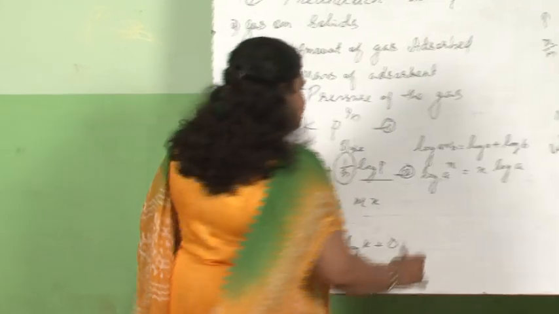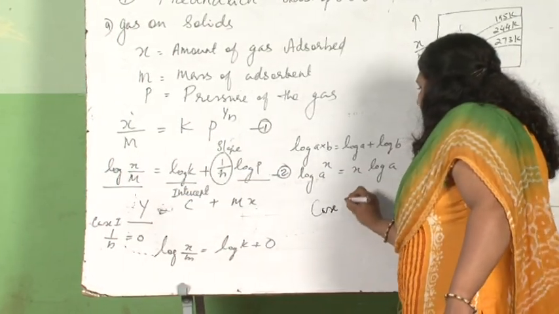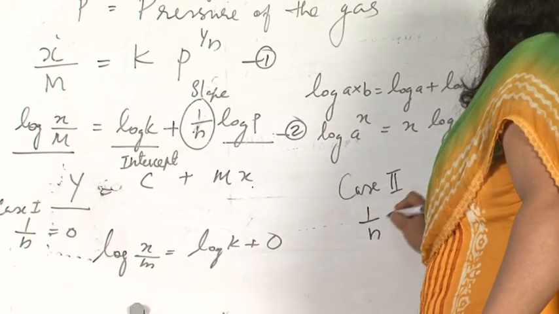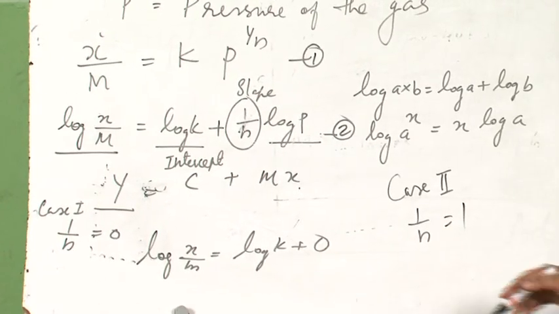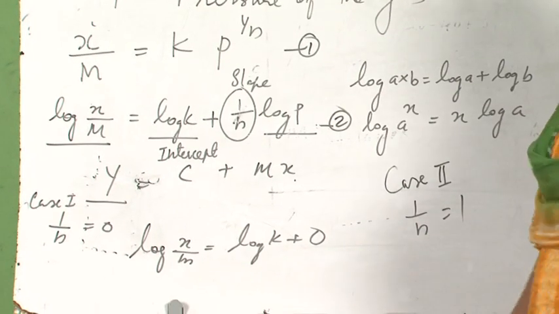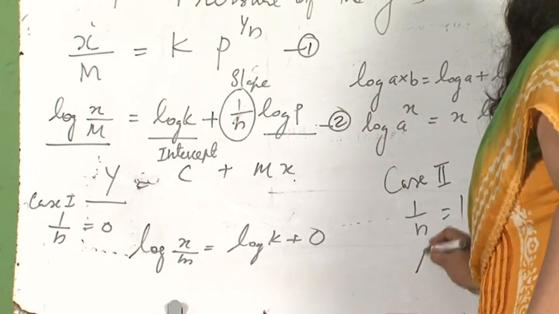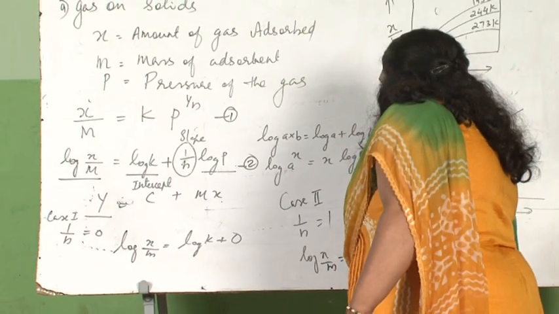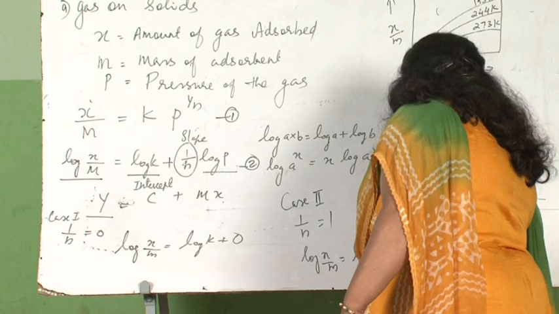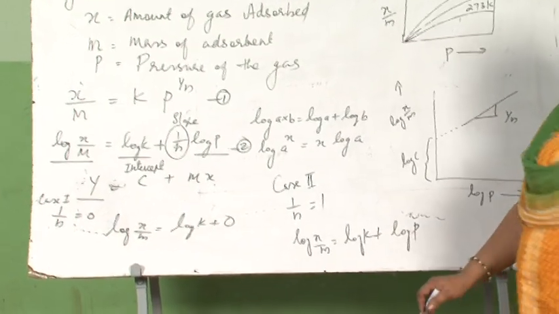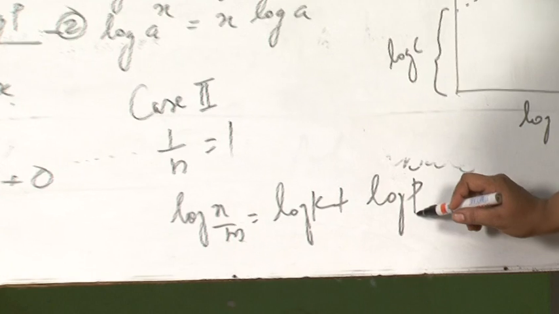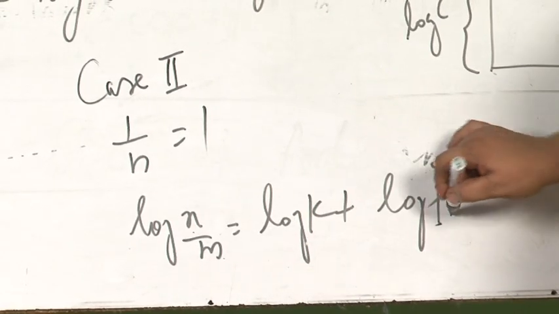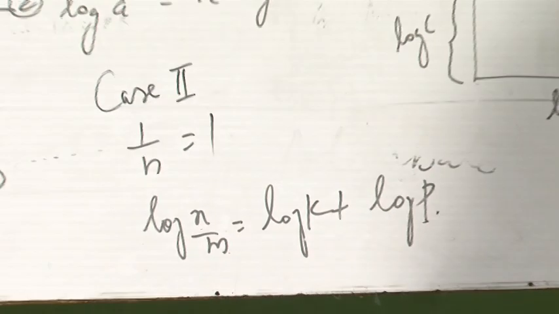Case 2: if 1 by n is 1, that is, n is 1, then log x by m is equal to log k plus log p, means x by m depends upon pressure. X by m is depending upon pressure. Is it clear to you?